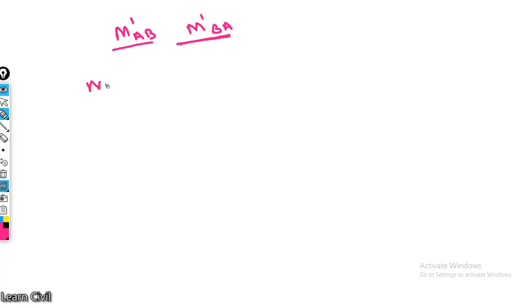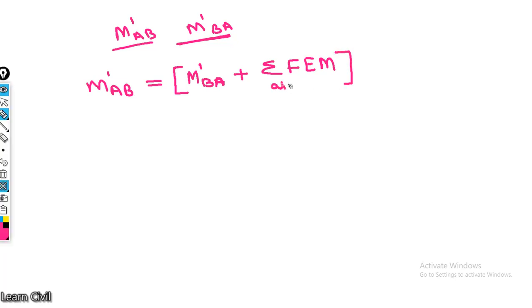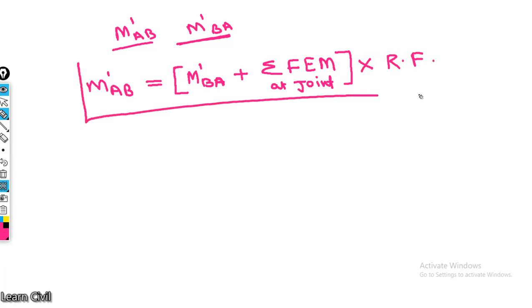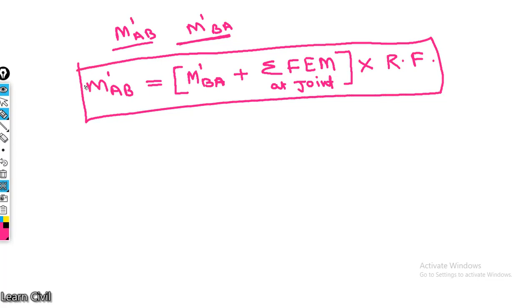Then this rotation contribution M dash AB is given by the equation: M dash AB is equal to the rotation contribution at the far end, that is M dash BA, plus the summation of fixed end moment at a particular joint multiplied by the rotation factor. This is the equation which is used for calculation of rotation contribution.